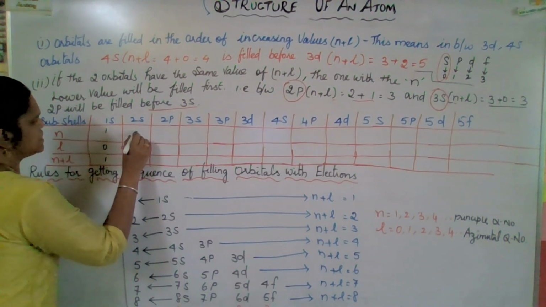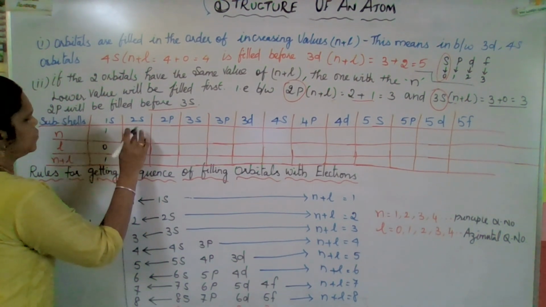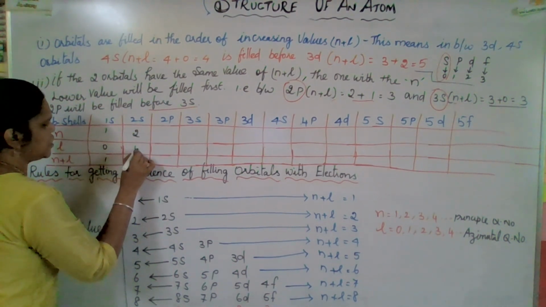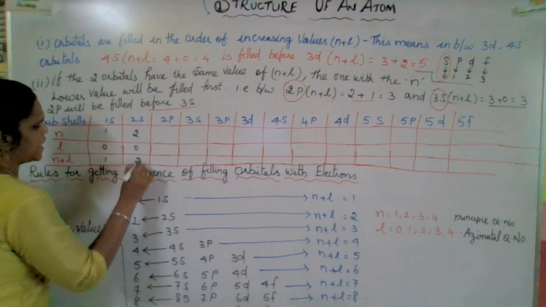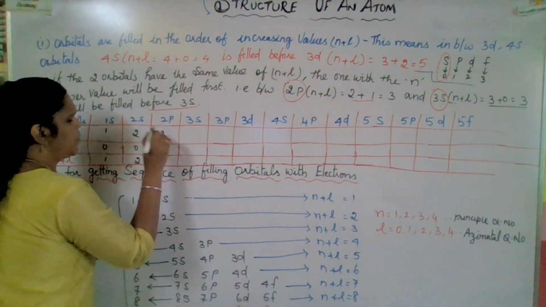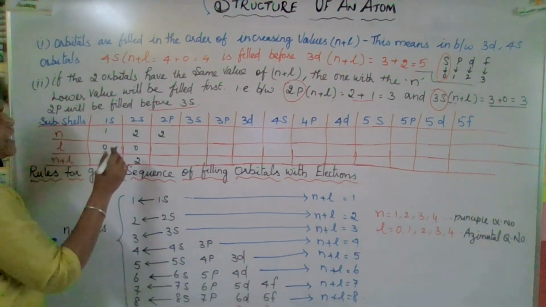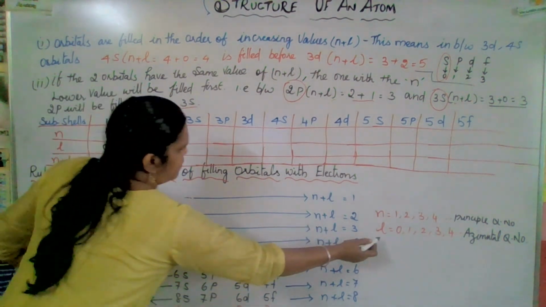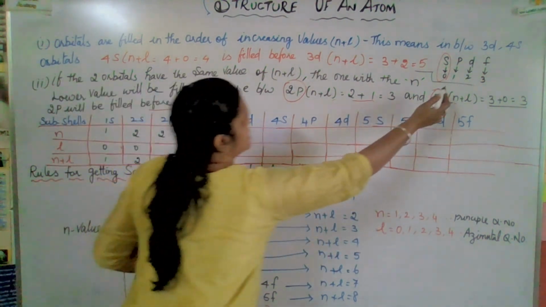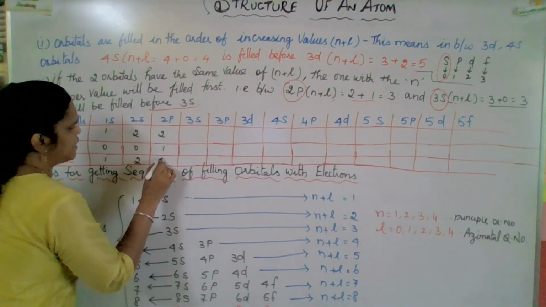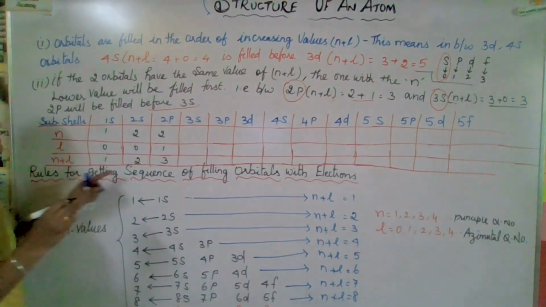Now 2s: n is 2, s orbital is 0, so here 2 only. Here 2p is given, that means n value is 2, and l value is for spdf. For the p orbital, l is 1. So here automatically n plus l value is 3.